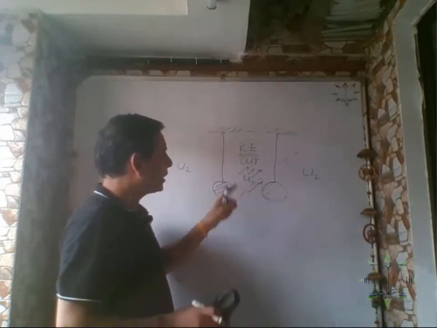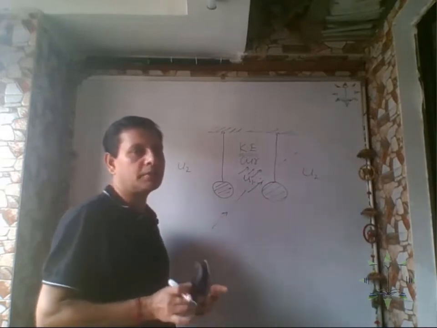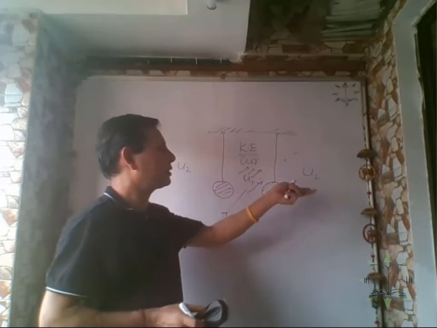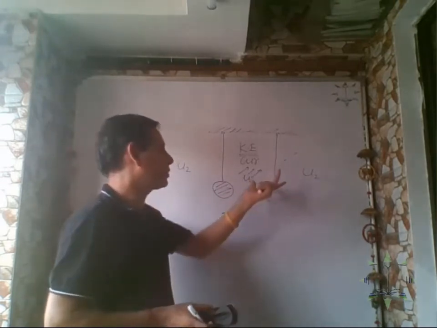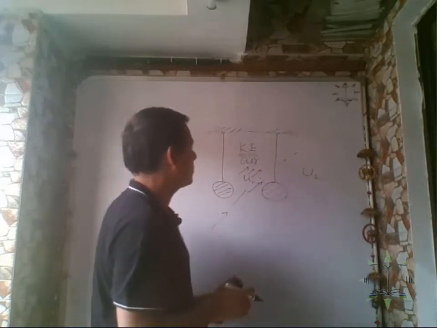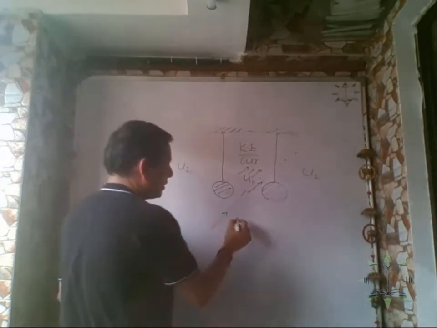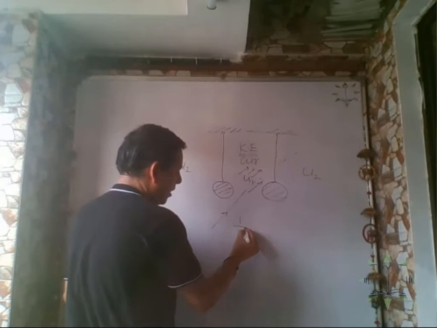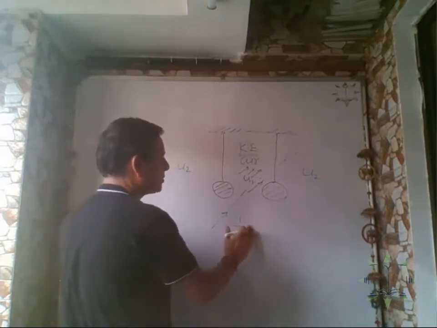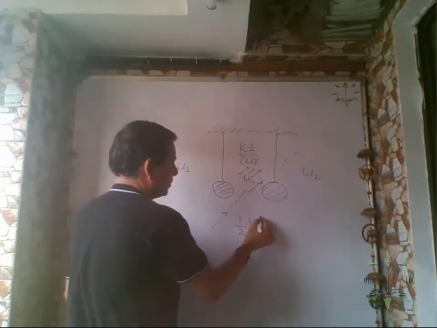Let us neglect the gravitational potential energy because both are at the same height. So we are left with kinetic energy per unit mass, half m, where m is 1, E1 square.